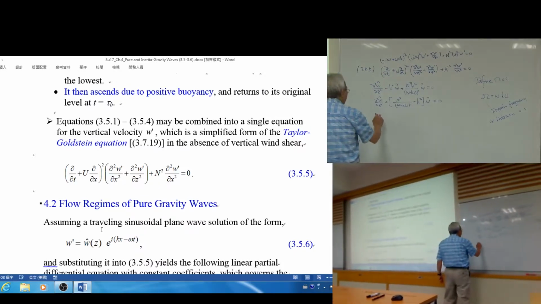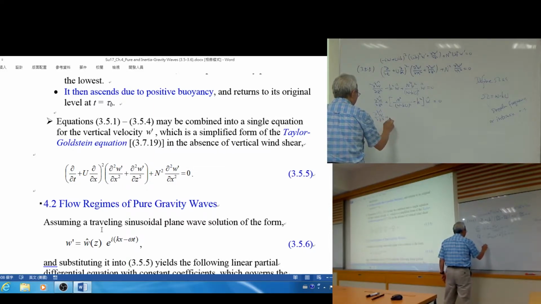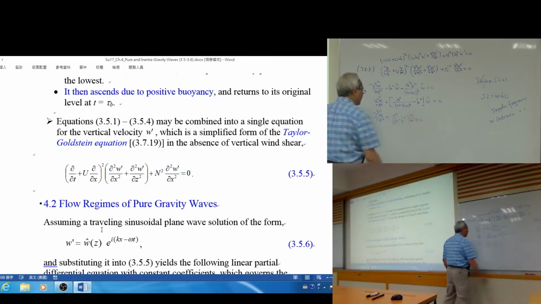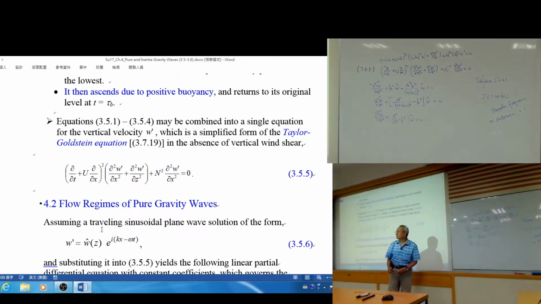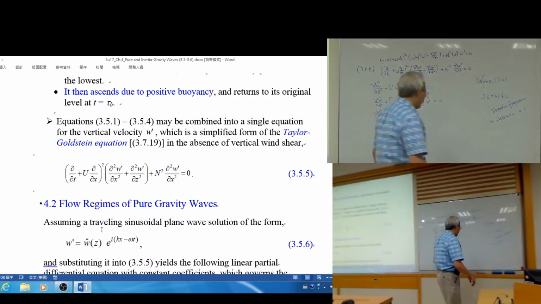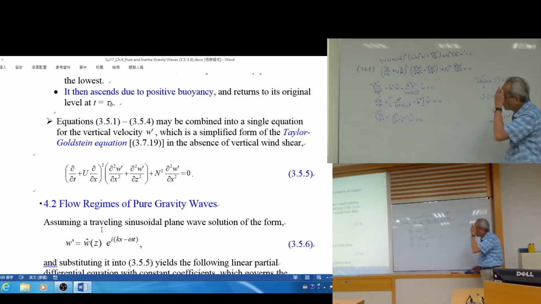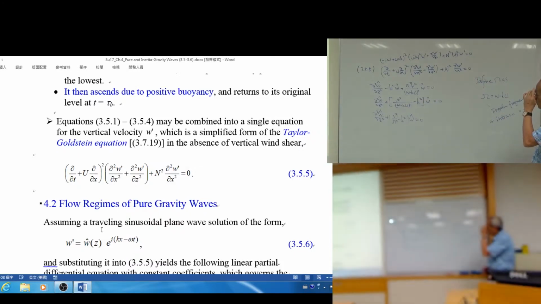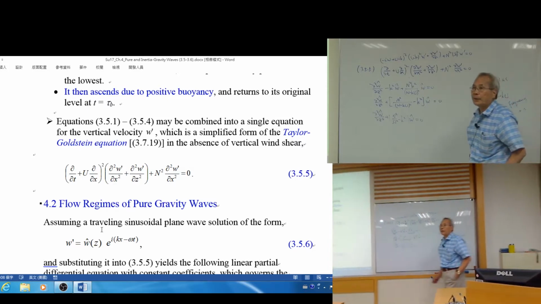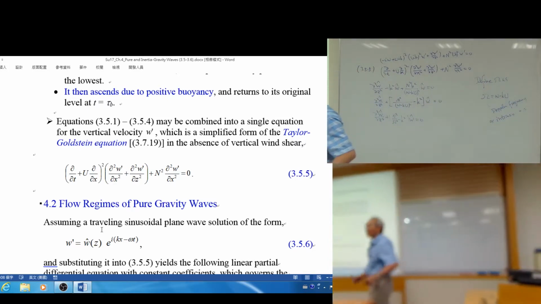So then this equation can be written like this. And now this equation will be similar to the shallow water equation.